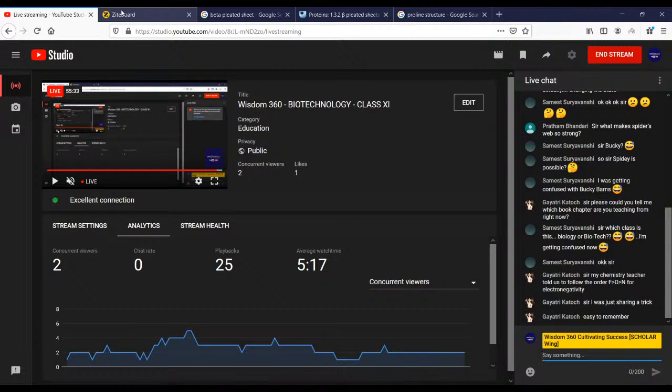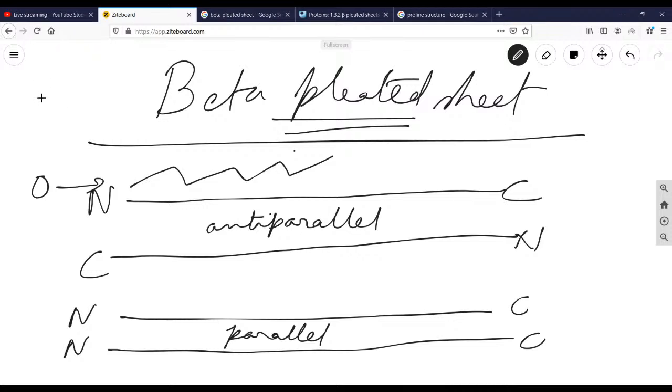I didn't tell you that because I was comparing NH. Here it was NH2, so there is no use of comparing. Here you have C and O. If I had to compare between C and N, or O and N, then I would be sharing this thing. That's why I skipped that.